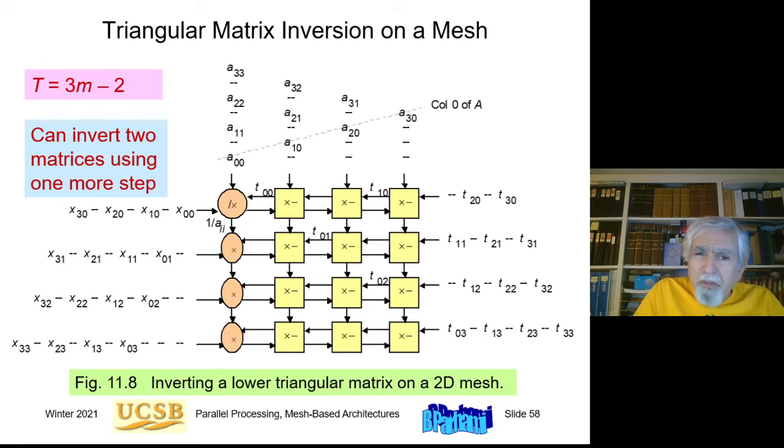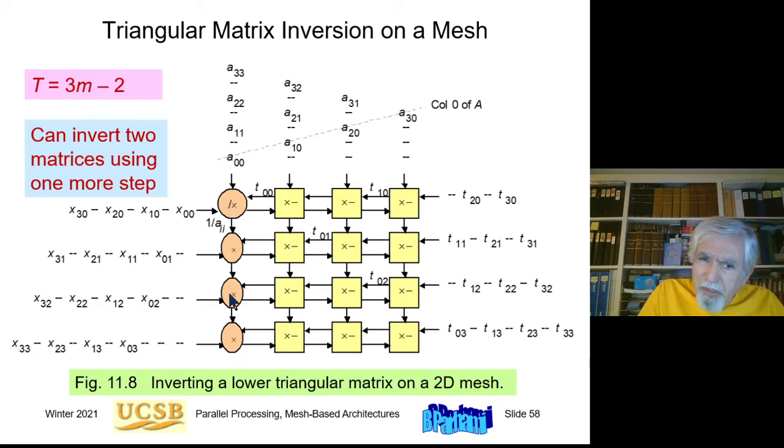So in the first row, I compute the inverse of A00, and then multiply that by this value. So instead of dividing this value by A00, I compute the inverse of A00 and then multiply. So this cell has an inverse computation circuit and a multiplier.